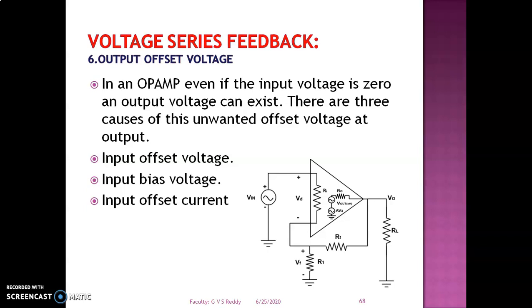We are going to analyze output offset voltage with and without feedback, especially voltage series type of feedback. In operational amplifier, even if the input voltage is 0, an output voltage can exist. There are three causes of this unwanted offset voltage at output. Those are input offset voltage, input bias current, input offset current. So these are the reasons why some undesired DC will be present at output of the operational amplifier.